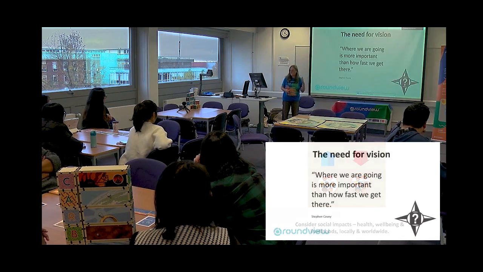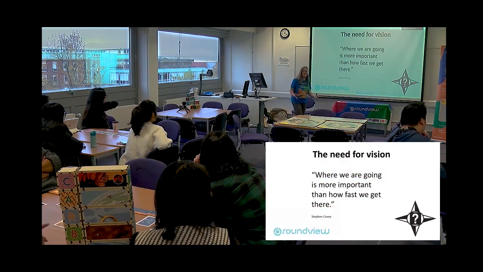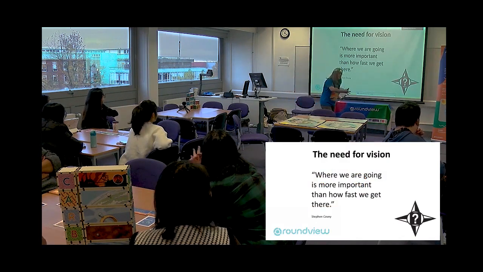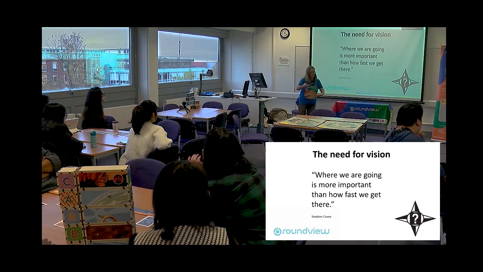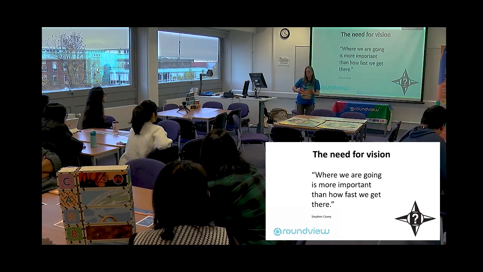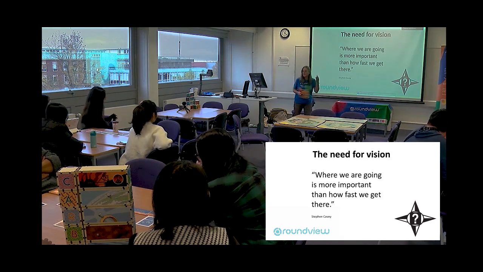So as long as we do that, we have a sense of direction. We know what it would mean to move towards sustainability. And the RoundView just helps us answer the question, is this decision, is this action more or less likely to move us towards sustainability, giving us a systemic framework and a way to understand that. It gives us a vision.